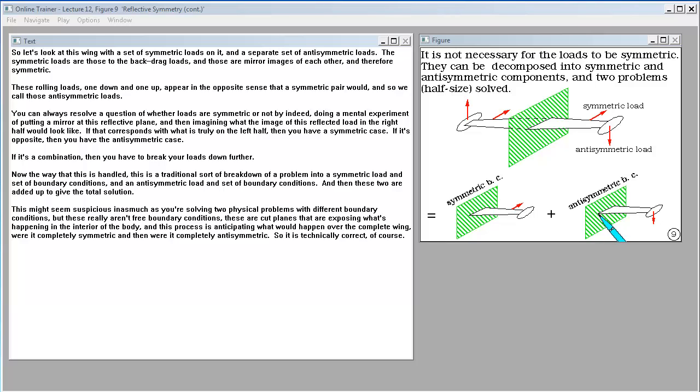These are cut planes that are exposing what's happening in the interior of the body, and this process is anticipating what would happen over the complete wing were it completely symmetric and then were it completely anti-symmetric. So it is technically correct, of course.